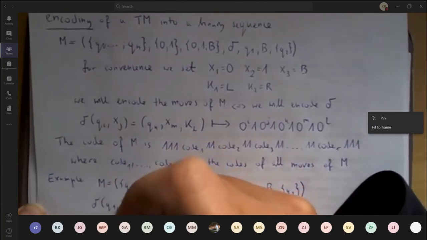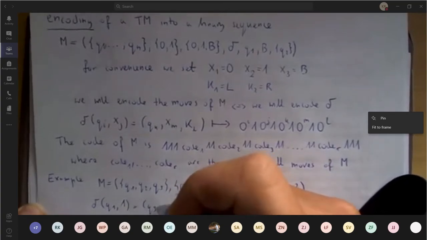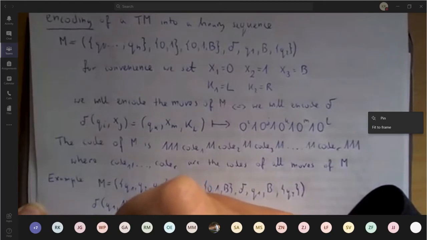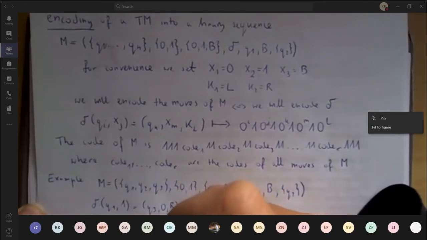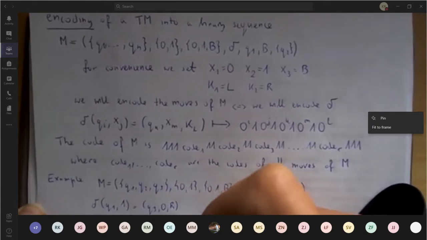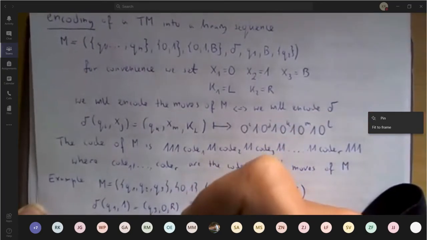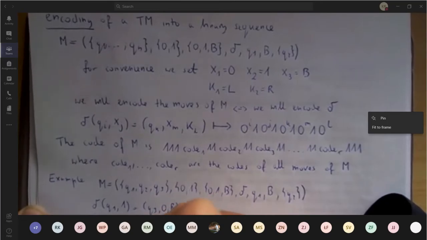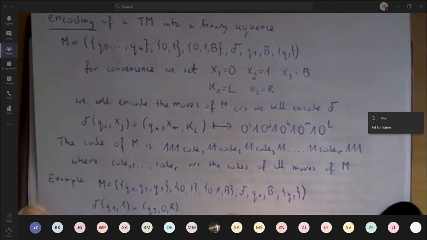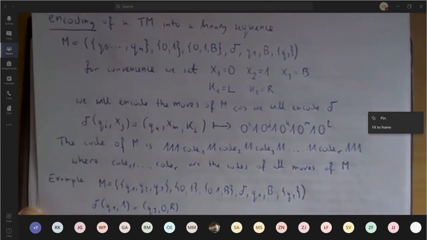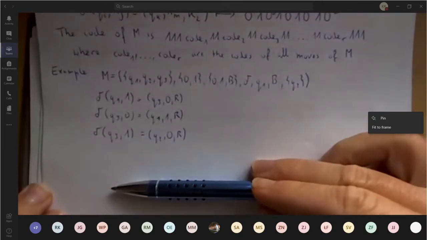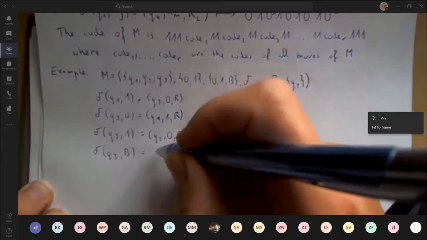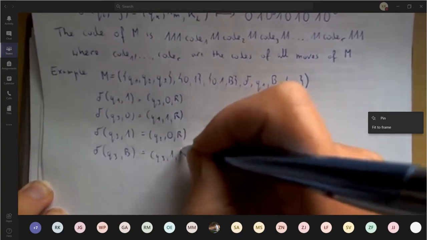Delta of Q1 and 1 is equal to Q3 0 R. Delta of Q3 0 is equal to Q1 1 R. Delta of Q3 1 is equal to Q2 0 R. And the value of Q3 and the blank symbol is equal to Q3 1 L.